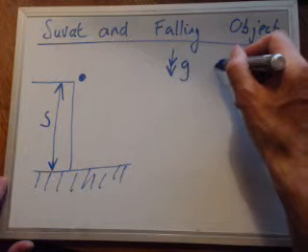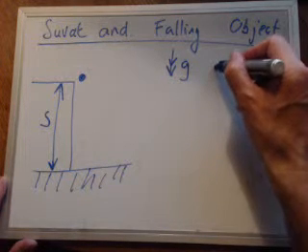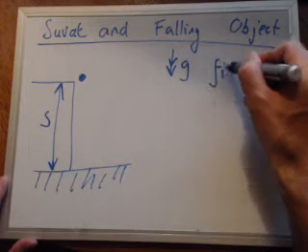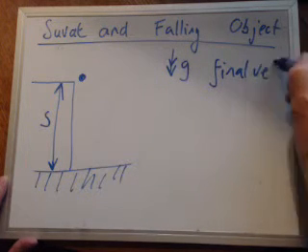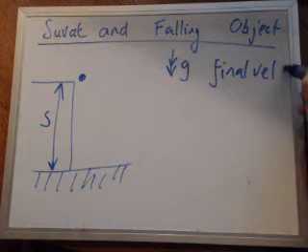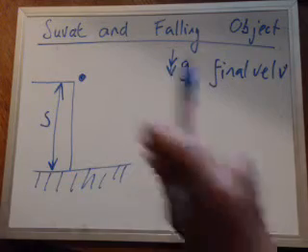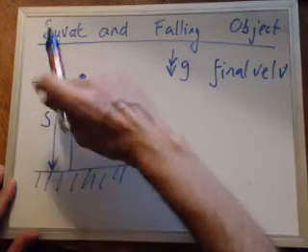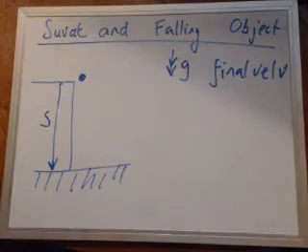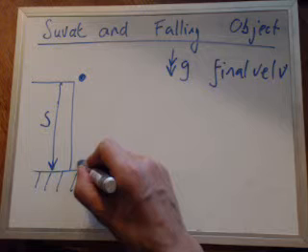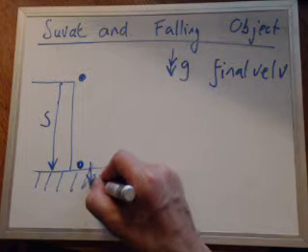In this question, I want to find out the final velocity v just before it hits the ground. Often a student will say the final velocity is 0 when it hits the ground, but we're really saying just before it hits the ground. So everything positive is down: displacement positive acting down, gravity positive acting down. What will be the final velocity just before it hits the ground?